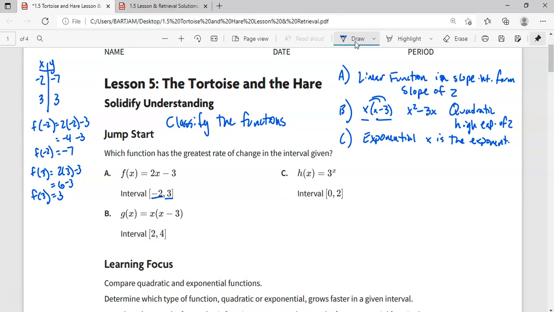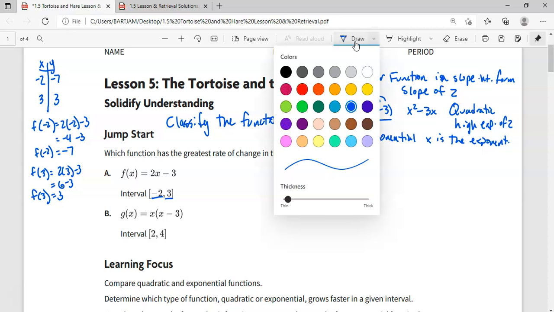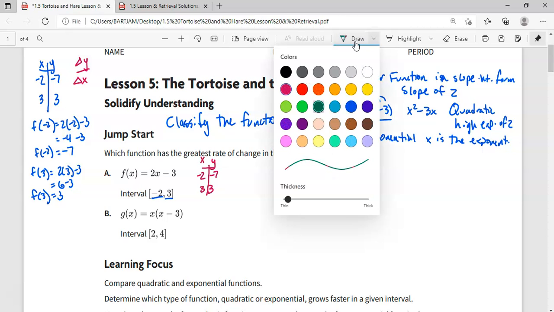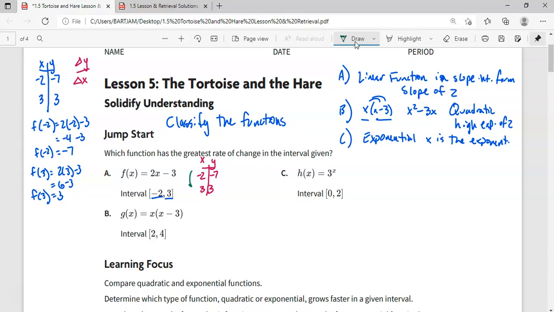So now in terms of finding the rate of change, it is my change in y over change in x. And so if I look at my table of values, -2, -7, and 3, 3, my x values change from -2 to 3 by an increase of 5.